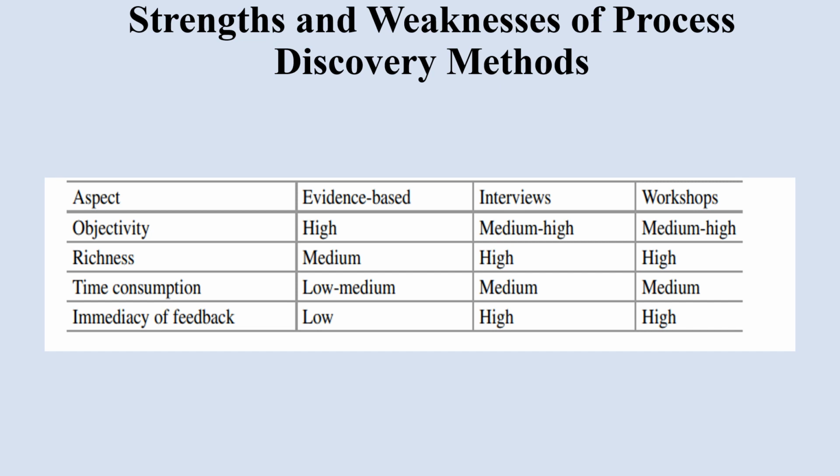For evidence-based discovery, the richness is medium, but for interviews and workshops, it is high. For evidence-based discovery, the time consumed is low-medium, while for interviews and workshops, it is medium. For evidence-based discovery, immediacy of feedback is low, while for interviews and workshops, it is high.